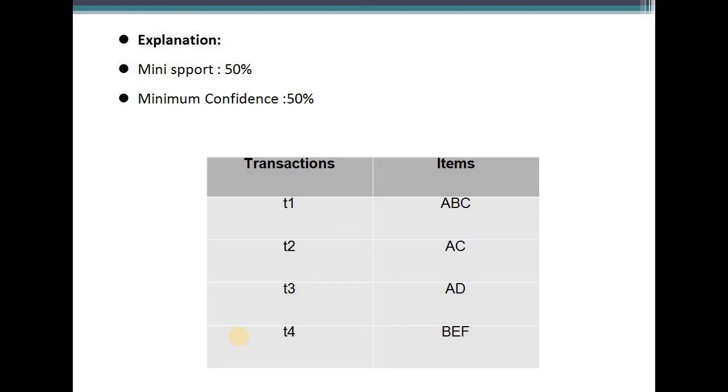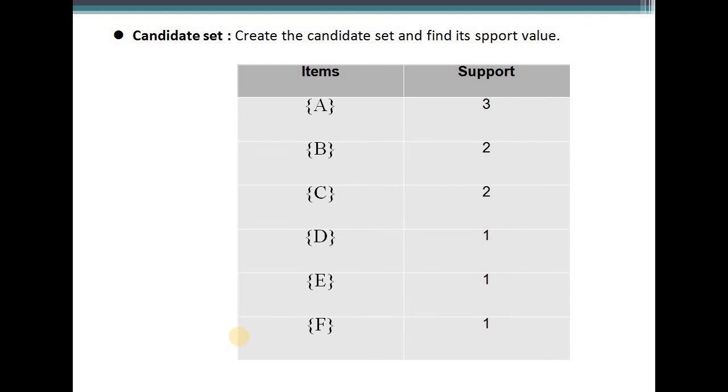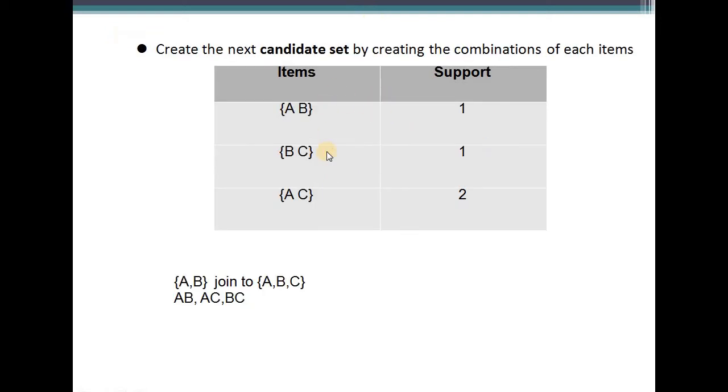That means if the total number of transactions is 4, then the support should be at least 2. So in that case, the only values to be selected are A, B, C. So this is the first candidate set C1. After pruning, that is, after removing those item sets which are not frequent, the frequent item set that we obtained is A, B, C.